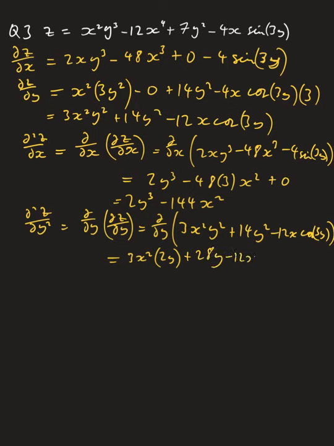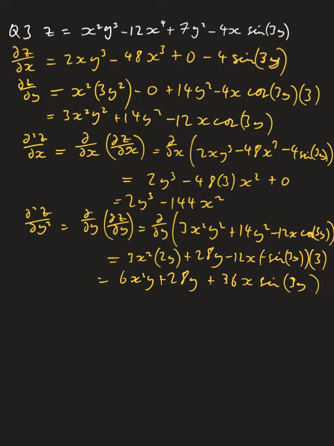And that minus 12x is a constant in front. Cosine becomes minus sine of 3y. And then by the chain rule I multiply by the derivative of what's in the brackets, which is 3. So I'll tidy all this up. That's 6x squared y plus 14 plus 12 times 3 is 36. It was plus 36x sine of 3y. And there's my second partial derivative with respect to y.